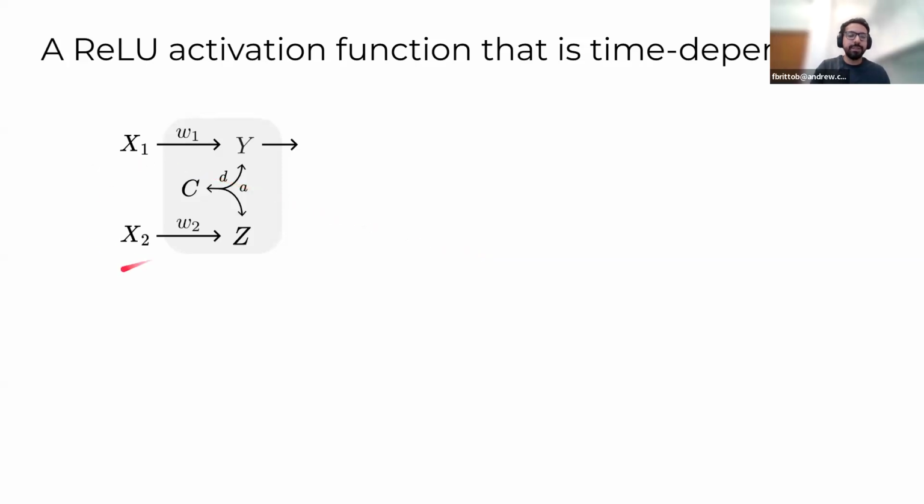Here we have X1 and X2. Remember, plasmid copy numbers. They will be producing at certain rates W1 and W2 the species Y and Z, which are proteins, right? When we solve, this time not for a steady state, but actually the dynamics for Y over time, we were able to recover the same expression, right? The same activation function.